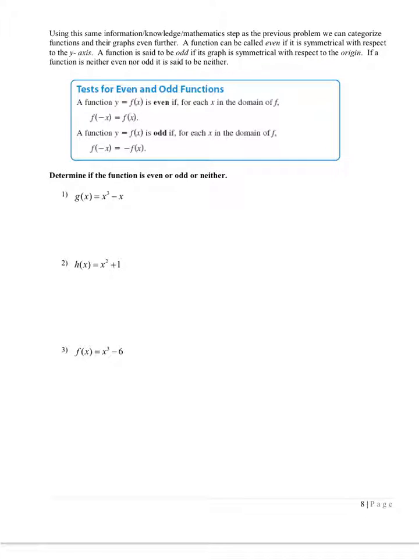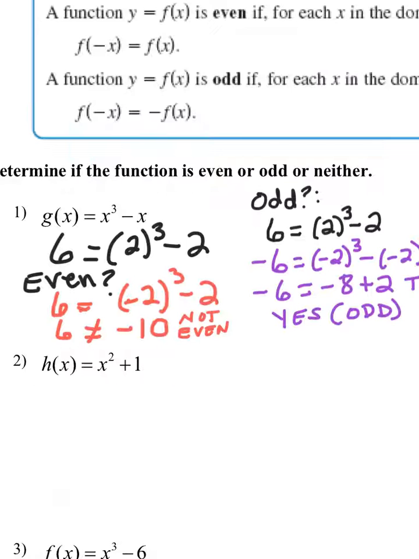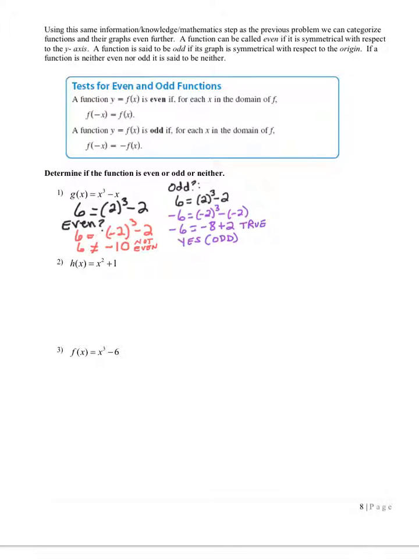Well, one of the ways we can do this is to go ahead and use a simple number like the number 2, plug it in for x and see what we get for y, and then check it. Looking at this first example, we plugged a 2 in for x in the equation g of x equals x to the third minus x. So we've substituted a 2 in for x, and we got the number 6.